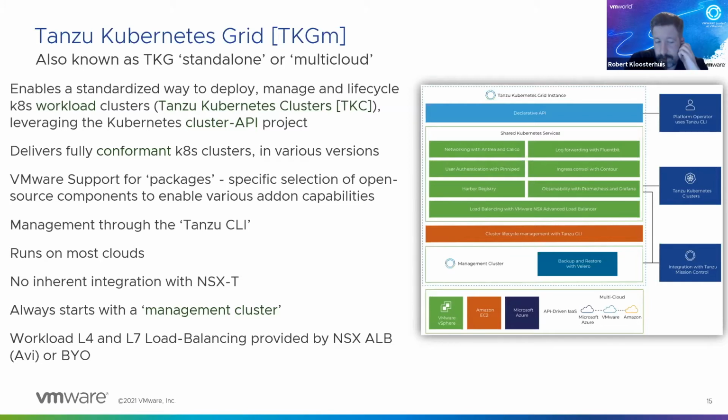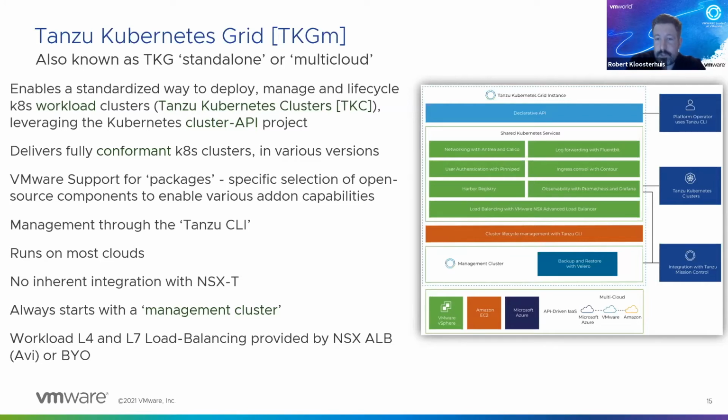Like I said, it doesn't come with NSX-T integration, but it does integrate with another NSX product called the NSX Advanced Load Balancer, which is actually the Avi load balancer product, which was acquired, I think, two years ago now. So it integrates and pairs really nicely with that. That's a very professional, very scalable and high performance load balancing solution.